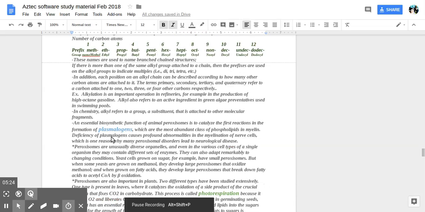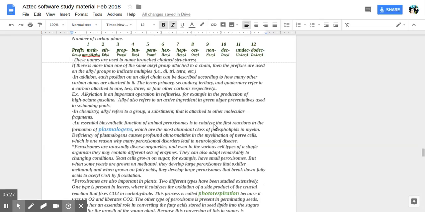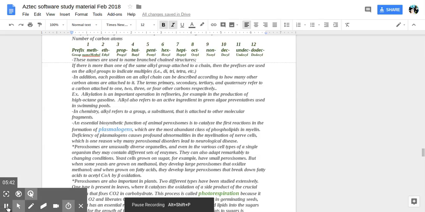So peroxisomes catalyze the first reactions in the formation of the plasmalogens, the most abundant class of phospholipids in producing the myelin sheath. If the peroxisomes have a disorder, this class of phospholipids is not produced, and neurological disease can occur.